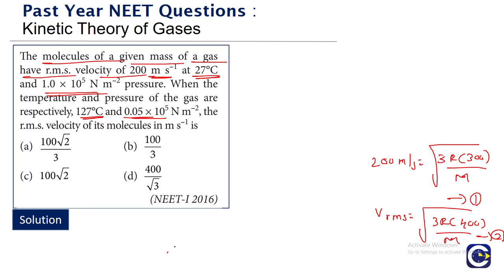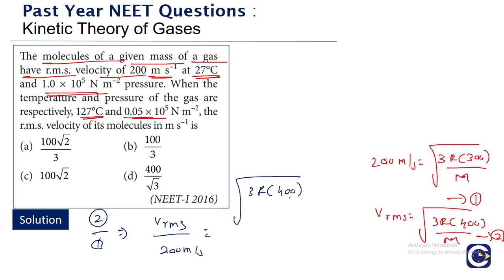So if you do equation 2 divided by equation 1, left hand side is V RMS by 200 meter per second, and right hand side is root of 3R into 400 by capital M divided by root of 3R into 300 by capital M.